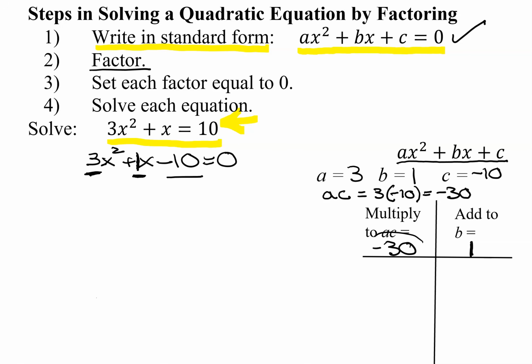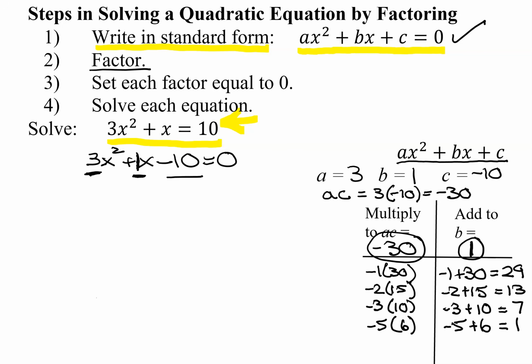Since they multiply to a negative, the signs are different. Since they add to a positive, the bigger one has to be the positive. So I could have negative 1 times 30 that multiply to negative 30, but negative 1 plus 30 definitely isn't the number I'm looking for. This table might take a while, so I'm going to put it on pause. So I completed my table.